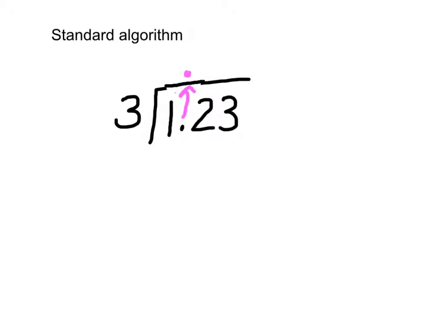If we look at the 3 that goes into the 1's place, it goes into the 1. That doesn't go in any, so we're going to put a 0 here. 0 times my 3 here is 0. I'm going to subtract that out. 1. And then I'm going to bring down the 2.